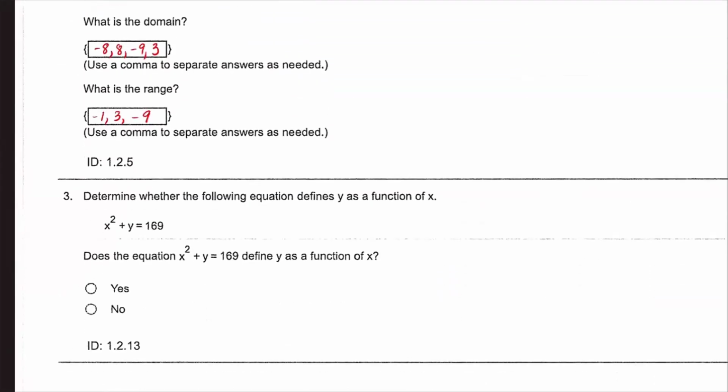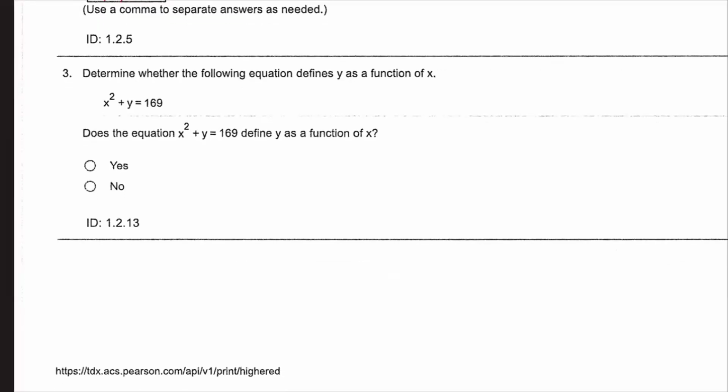All right, let's see. Now, determine whether the following equation defines y as a function of x. Now, the thing that you're supposed to do is solve the equation for y, and then analyze the equation to see what happens when you plug in values of x. I don't know how everybody's teacher has taught this.